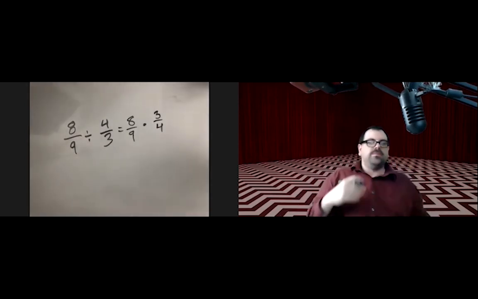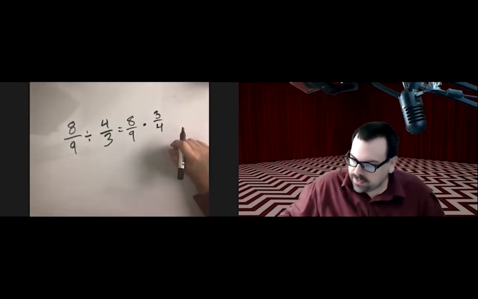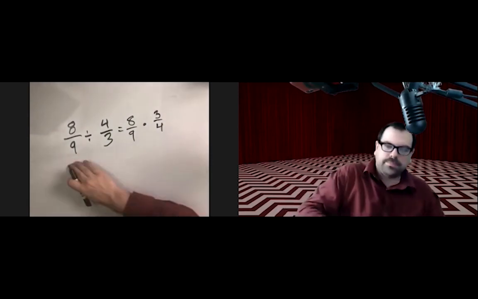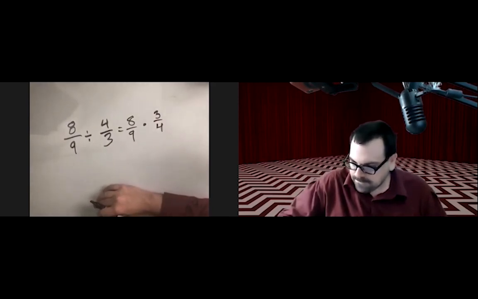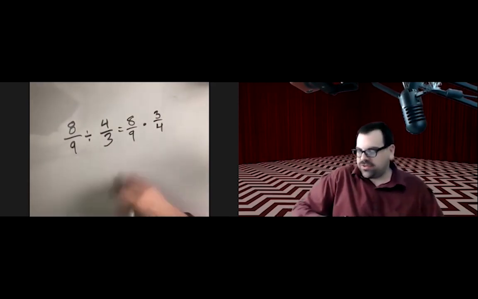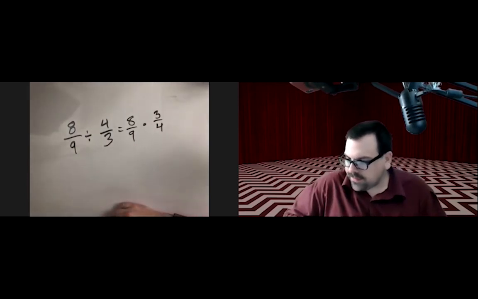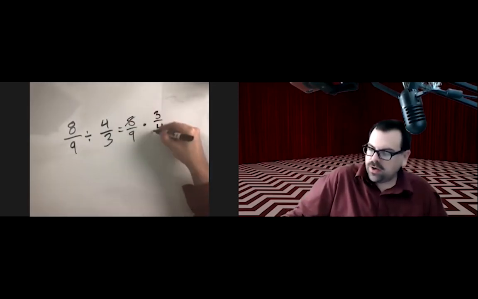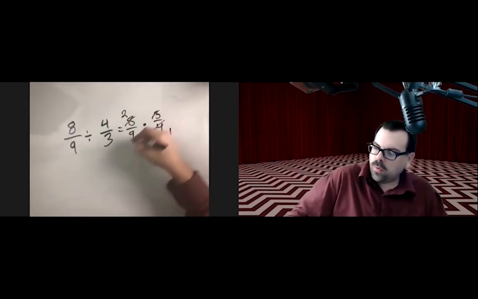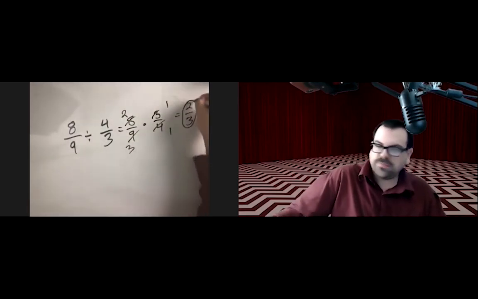I put it in that order because KFC, nice and easy to remember. But keep, change, flip if you want to go left to right. And once we keep, change, flip, or keep, flip, change, we have a multiplication problem. And we know what to do with a multiplication problem.